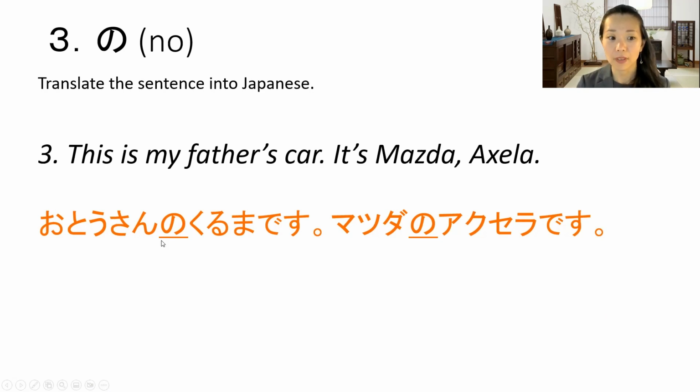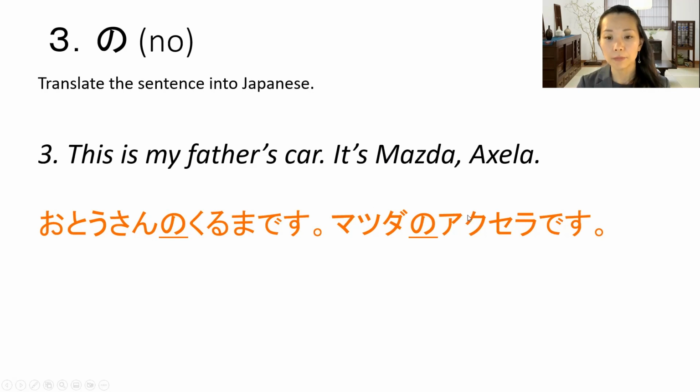Then の is here, meaning belong to, the 's sound part. Then 車 is a car. So です. Then 松田のアクセラです. So we connected with の here as well.